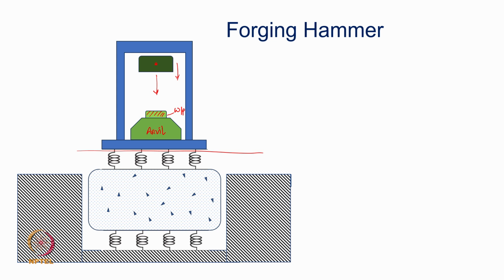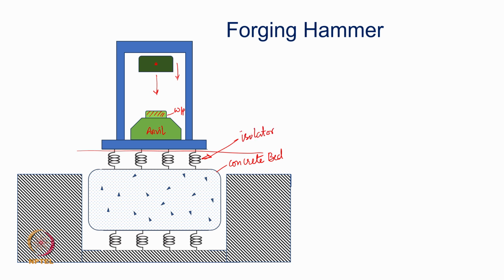Now, to make sure that this forging process does not disturb the nearby places, you have one line of defense first, that the hammer itself is isolated. For a good design, it is put on a concrete bed on which the hammer is mounted, and so it is isolated through this pad of isolators.